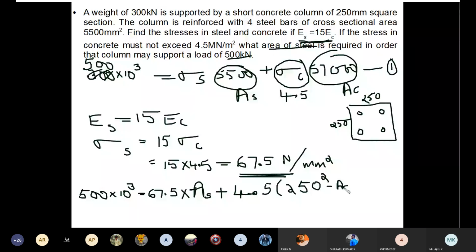Simplify this, you will get area of steel as 3472.2 mm square. This is the final answer. We'll tell you how you got this value.